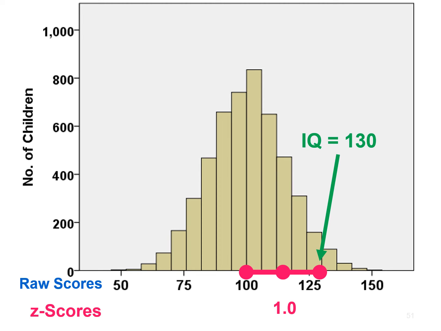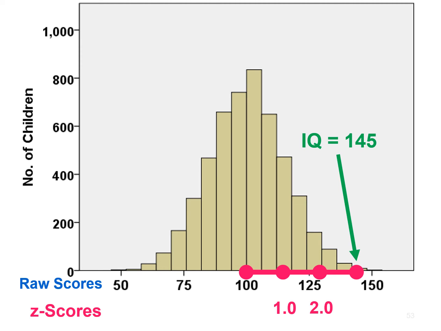Take a couple of seconds and think about this. We say that children with an IQ of 130 have a Z-score of 2. This Z-score of 2 indicates that an IQ of 130 is equivalent to being a distance of 2 standard deviations away from the mean. The Z-score is positive, indicating that an IQ of 130 is above the mean.